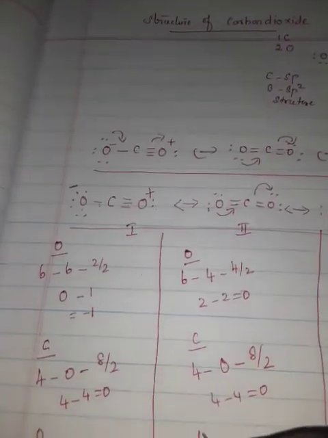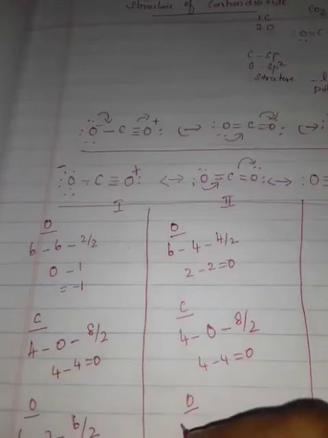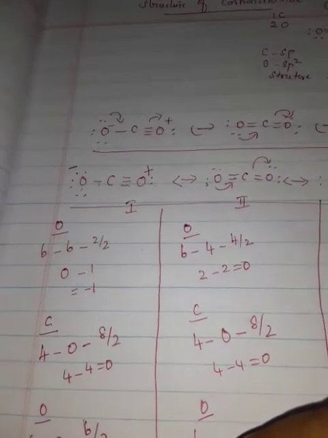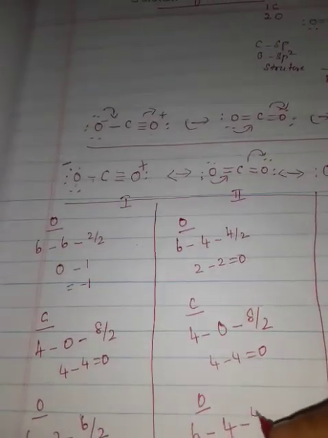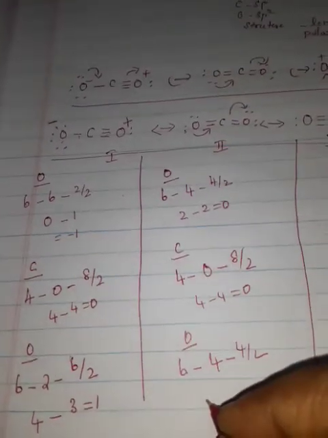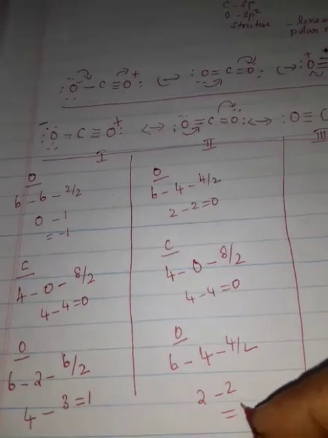So 4 minus 4 equal to 0. That is no charge. Similarly this oxygen: valence electrons 6, lone pair 4, bond pair 2. So 4 by 2. 6 minus 4, 2, minus 2 equal to 0.